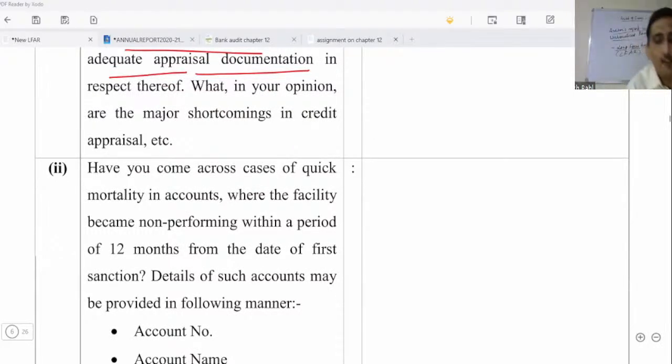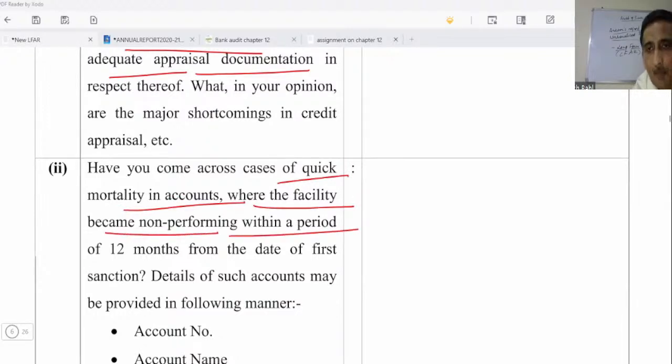Like this, have you come across cases of quick mortality in accounts where a facility became non-performing within a period of 12 months? Quick mortality means, guys, where the loan was sanctioned, say on 1st April, and within 1 year, as on 31st March, it became NPA.